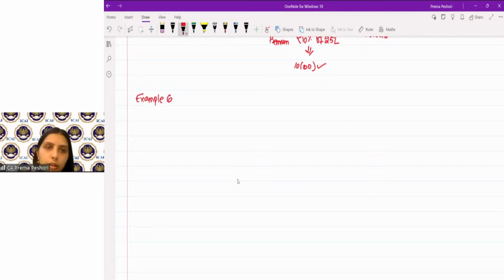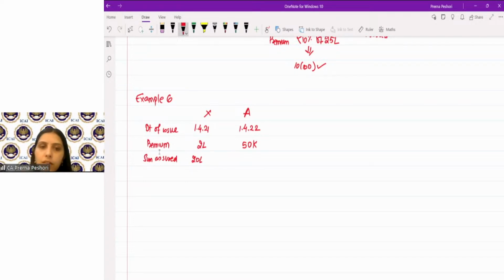Let's say there are two ULIPs, X and A. Date of issue is 1/4/21 and 1/4/22. Premium is 2,50,000. Sum assured is 20 lakh and 5 lakh.